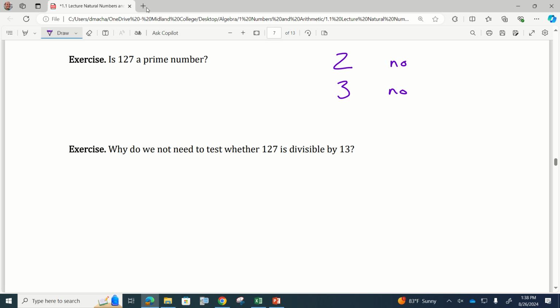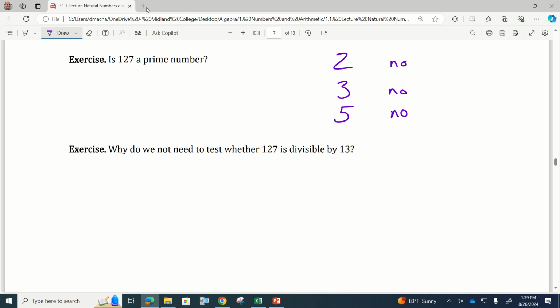I don't have to worry about 4 because it can't be divisible by 4 if it's not already divisible by 2. And for that same reason, you don't have to worry about any factors except for prime numbers when you're trying to test if a number is prime. So we can skip the 4 and move right on to 5. Is it divisible by 5? No, we just check the last digit.